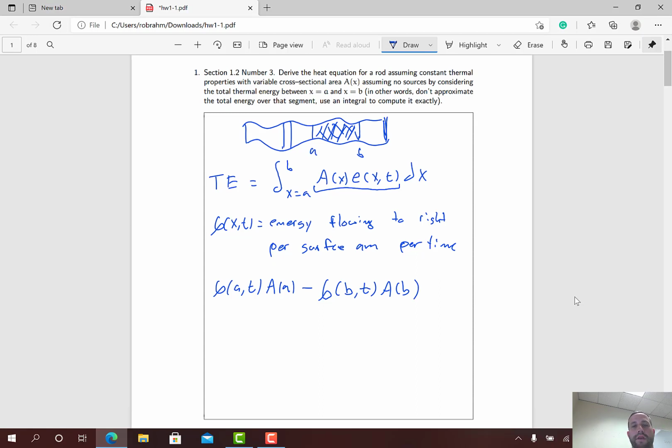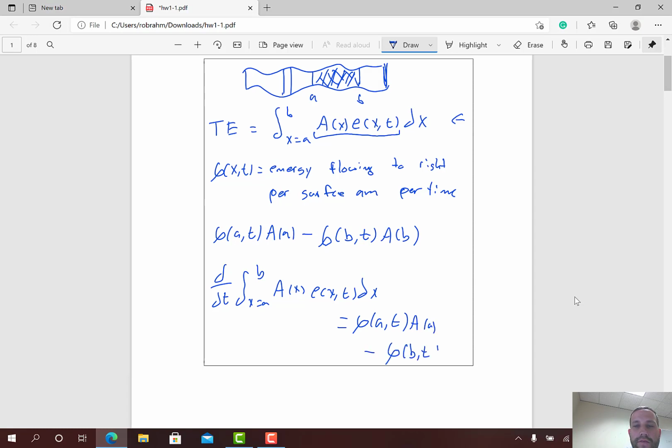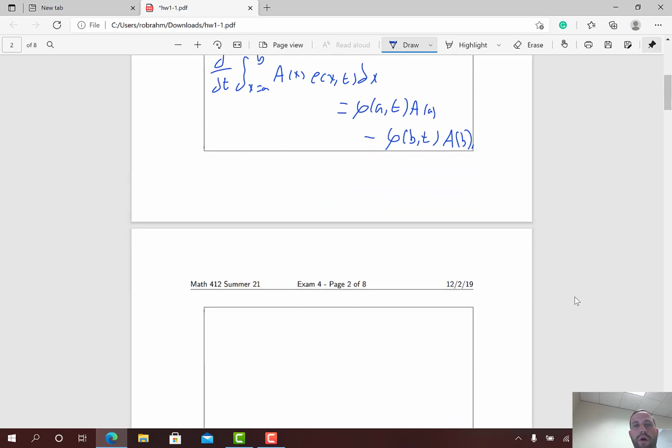Okay, so what this tells us then is that the derivative with respect to t of the energy integral is going to be equal to phi of A,t times A of A minus phi of B,t times A of B. So what can we do with that?